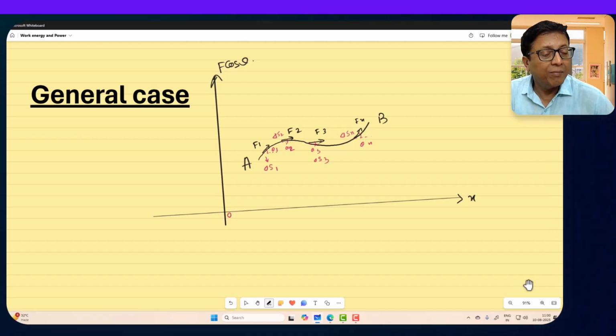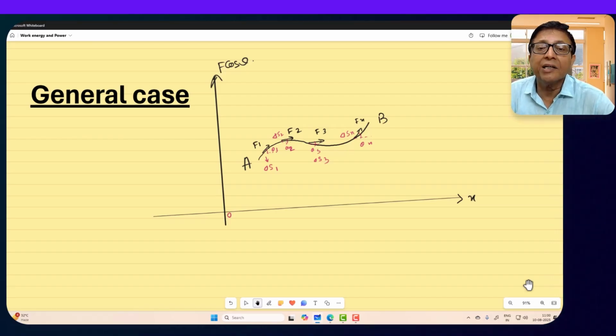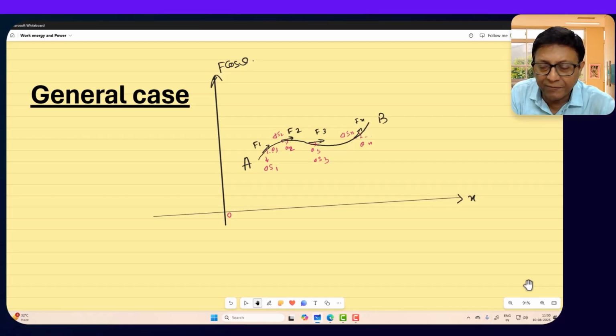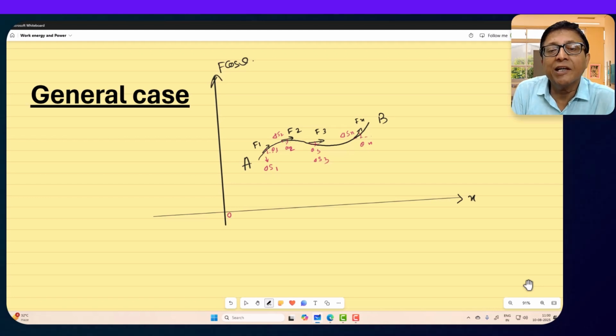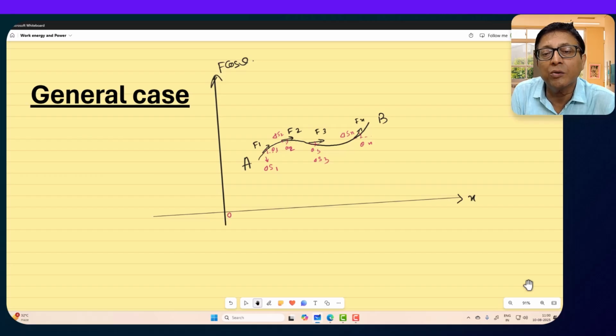In this diagram, the forces acting on the particle are taken as F1, F2, F3, Fn in this manner. Those forces make angle theta 1 with horizontal, this F2 theta 2, F3 theta 3, and this is theta n.